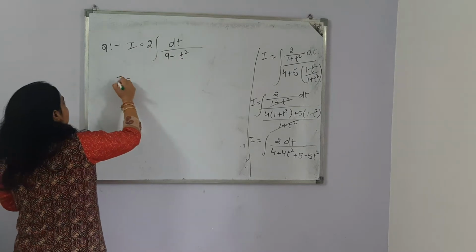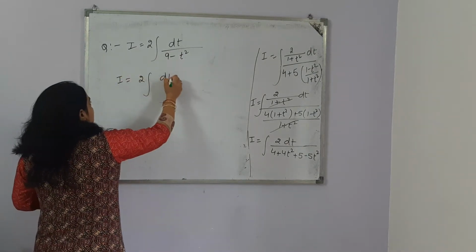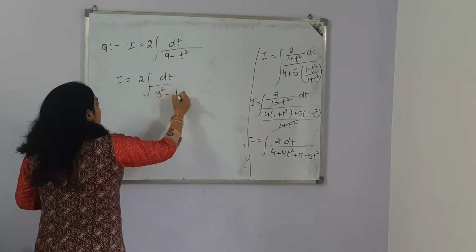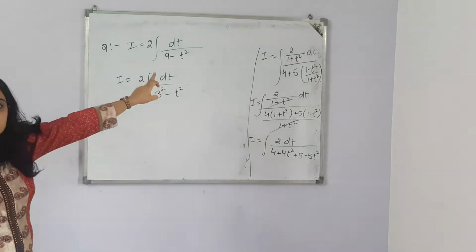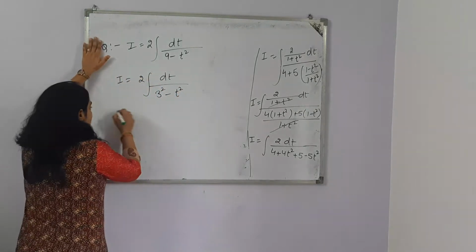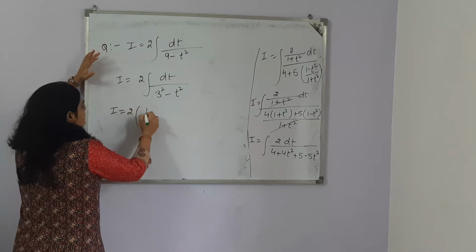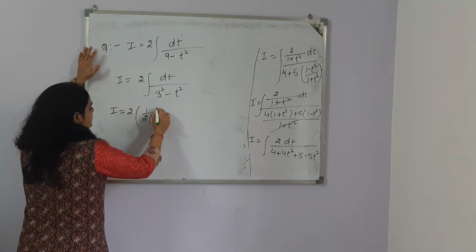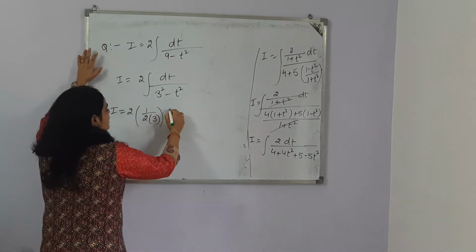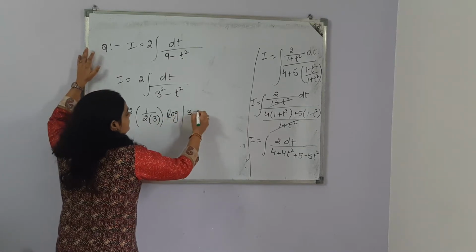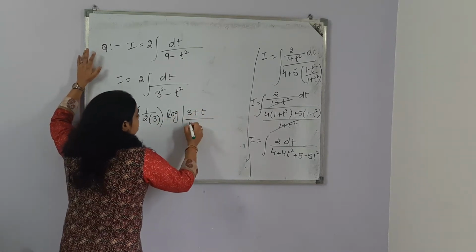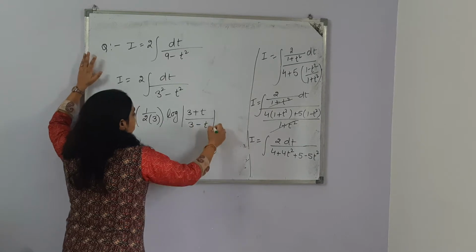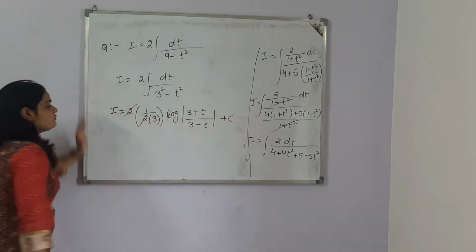Can I write 9 as 3 square? So here the formula is applicable, 1 upon a square minus x square. Its formula is 1 by 2a log of a plus t upon a minus t plus c. 2 will cancel out with 2.